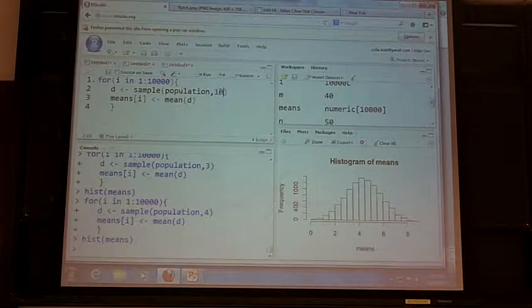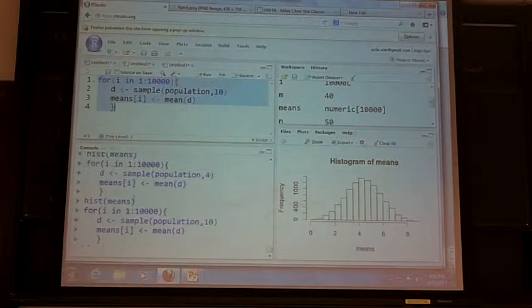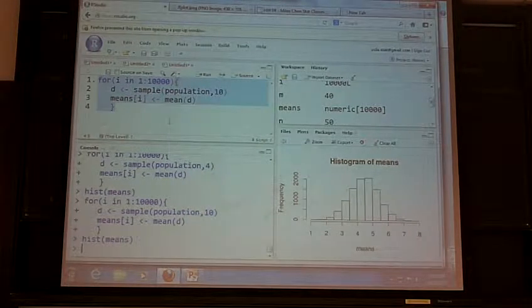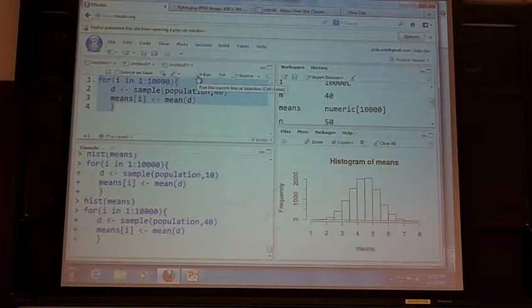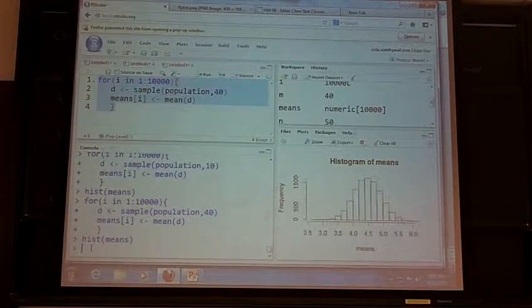Let's just see what happens when I bump it up to 10. And at a certain point, pay attention also to the range on the bottom there. We're still keeping things normal in shape.